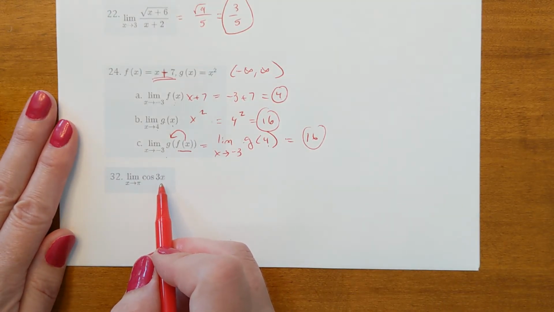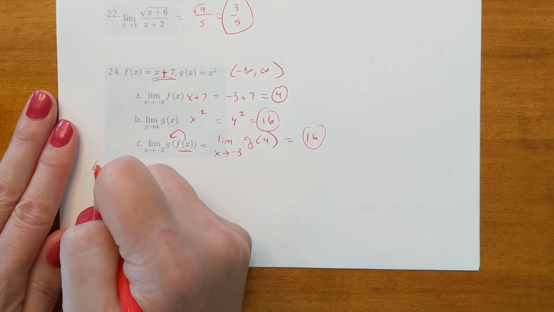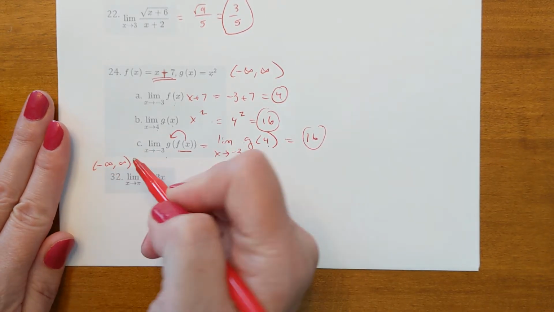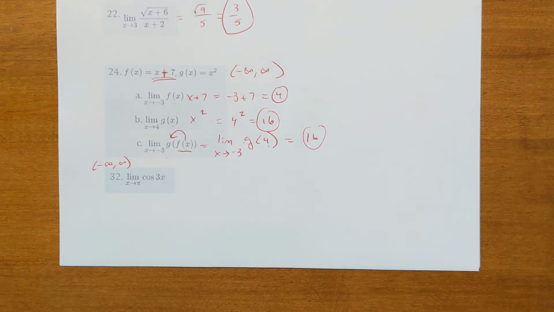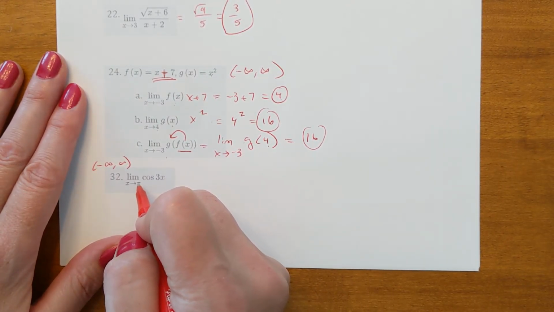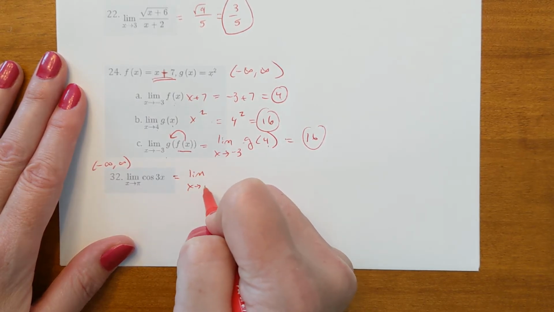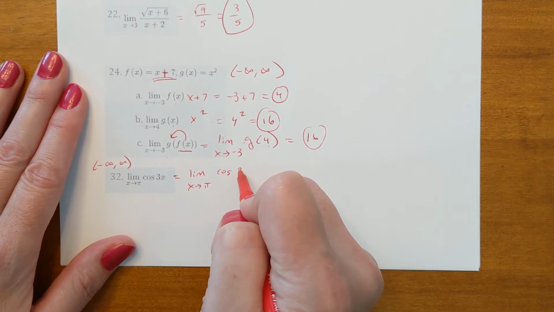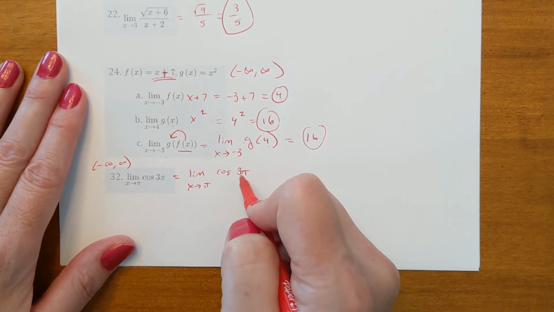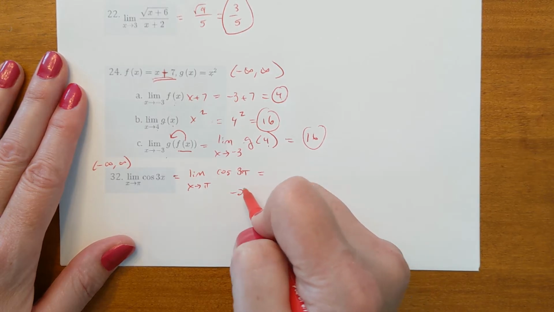Okay, cosine has an infinite domain from negative infinity to infinity. It is defined for all x. It's a continuous sine-cosine wave. So when you plug in pi, you get the limit as x approaches pi of the cosine of 3 pi. Remember, cosine repeats every 2 pi, so we can take off 2 pi from it.